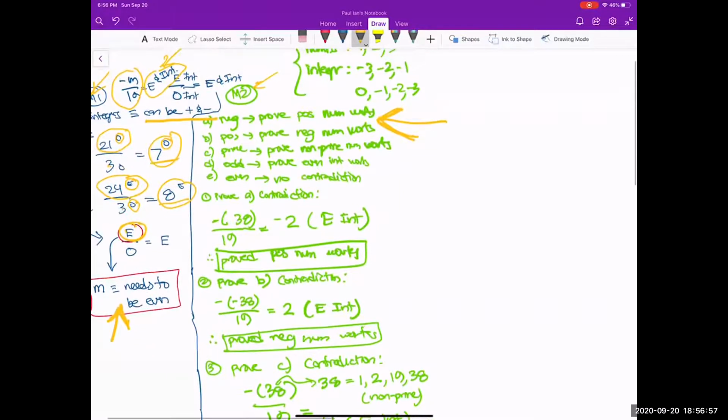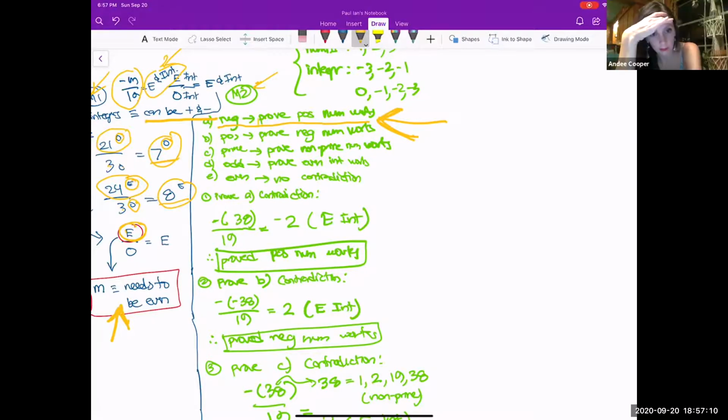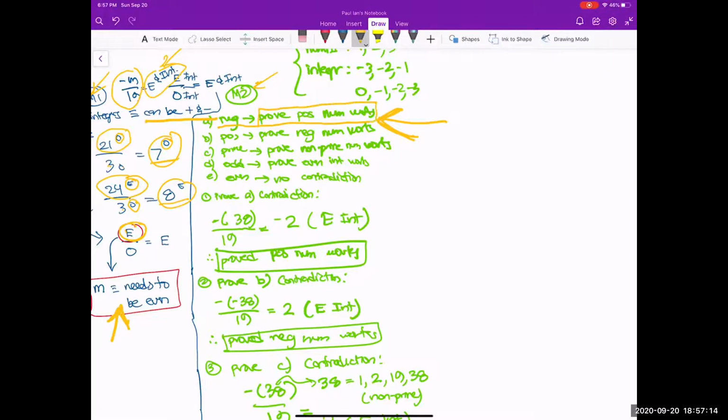So method 2, what I'm trying to do here is, for each one, I'm trying to disprove that it even works. So for A, if it's saying m is a negative number, let's try to prove that this can work, meaning the right-hand side can be even and an integer, if m is a positive number.